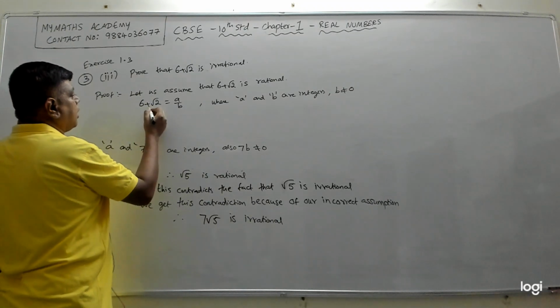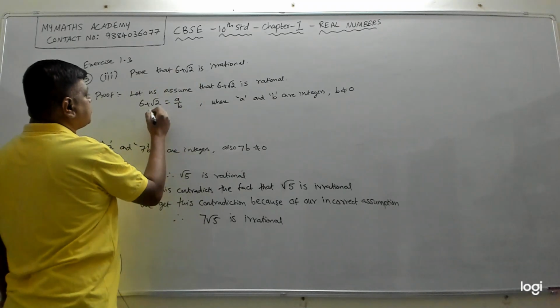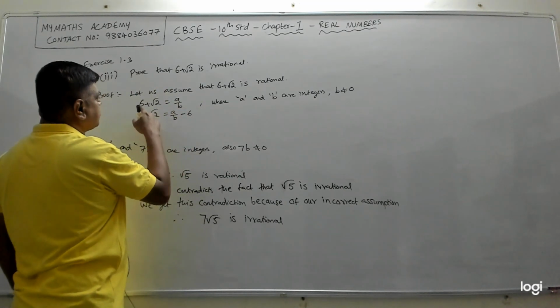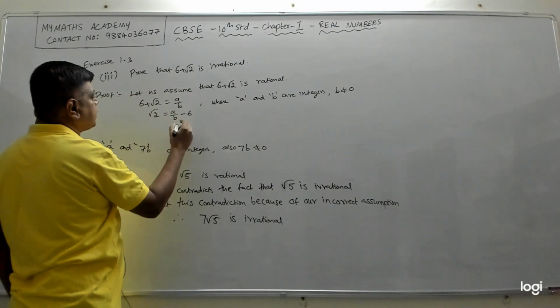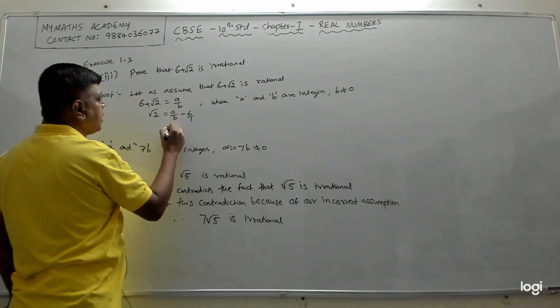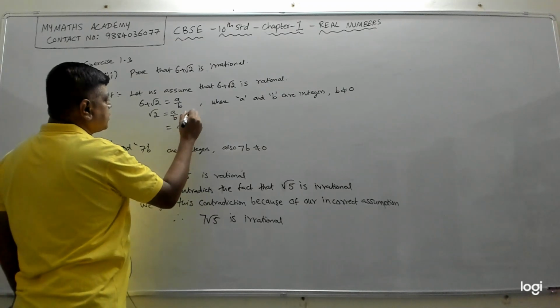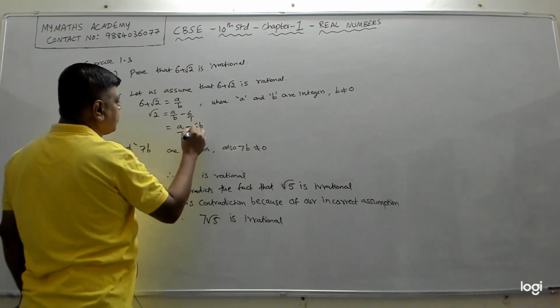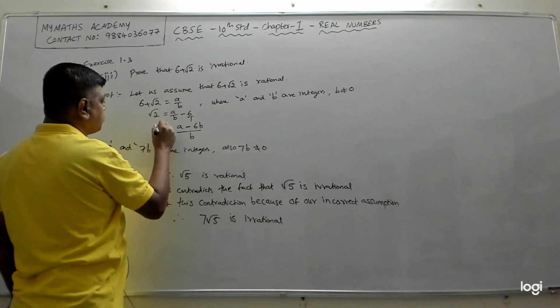Then I will keep the root 2 here and move the 6 to this side, then I will get root 2 is equal to a by b minus 6. Plus 6 goes this side, it becomes minus 6. Then we need to add them: 1 into a is a, 6 into b is 6b, so a minus 6b by b is root 2.